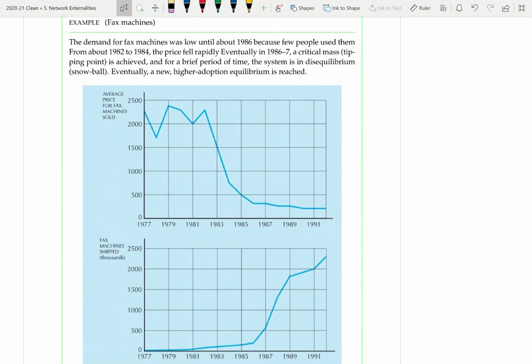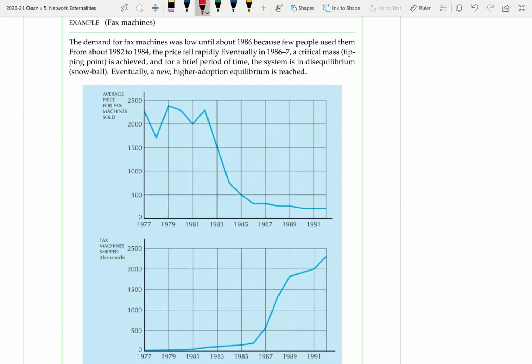So here we're looking at the market for fax machines. In the top diagram we have the average price, and in the bottom diagram we have the number of fax machines shipped. We can see in the bottom diagram that the number of fax machines sold was very low until about 1986.